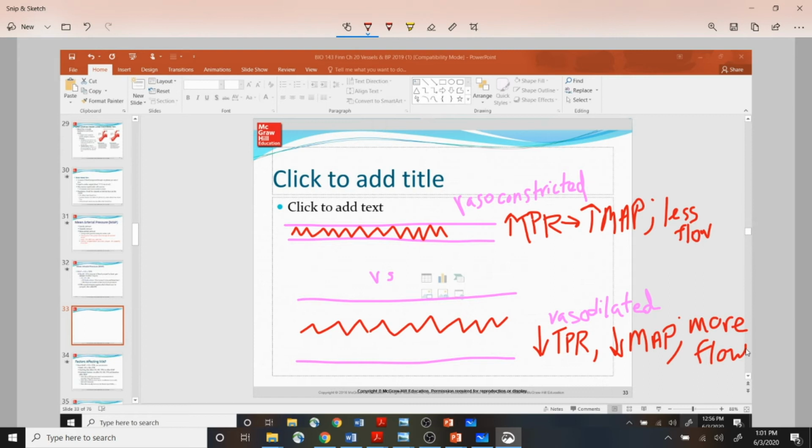So here's an example. When you're exercising, your digestive tract doesn't need much blood flow. It's not as important. We're not going to completely shut the blood flow off in it, but many of the blood vessels in your digestive tract would be vasoconstricted. Why? We don't need as much flow there. We're bypassing some of those tissue beds of the digestive system.